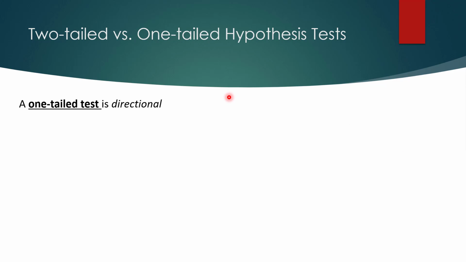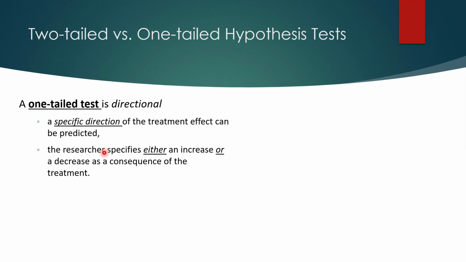So what we want to talk about now is a one-tailed test, and it is directional. So we're going to be saying that a specific direction of the treatment effect can be predicted, that we expect the treatment effect to increase or decrease scores. So the researcher specifies either an increase or a decrease as a consequence of the treatment. So again, we're talking about that sample mean, and so we're going to predict that either that sample mean is going to increase or decrease.